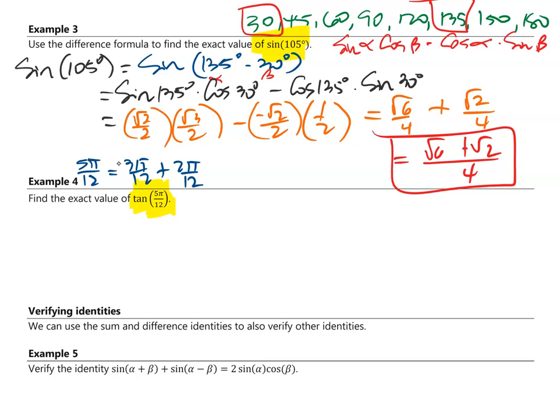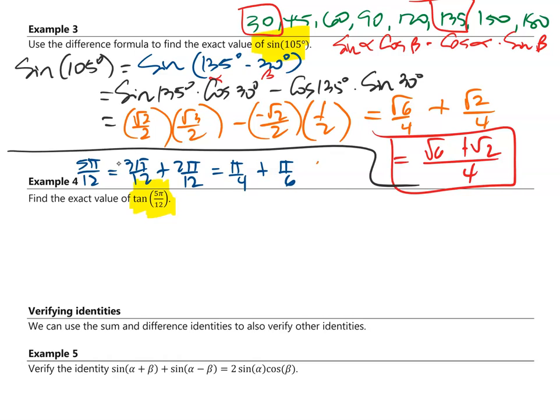So 3 pi over 12 plus 2 pi over 12 is 5 pi over 12. And 3 over 12 is 1/4, so that is pi over 4. And 2 over 12 is pi over 6.